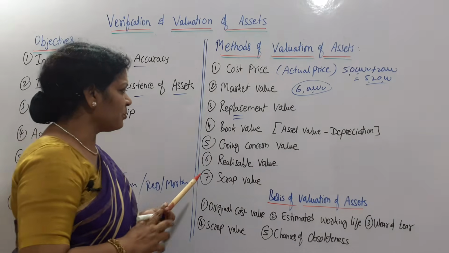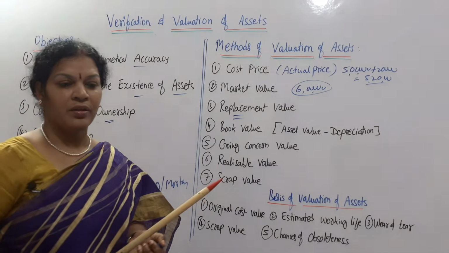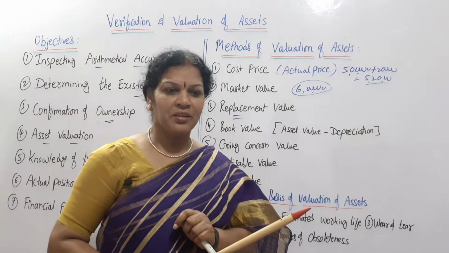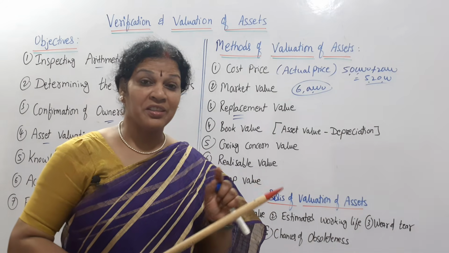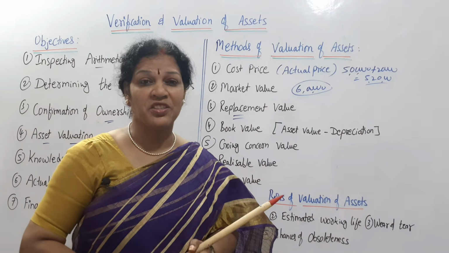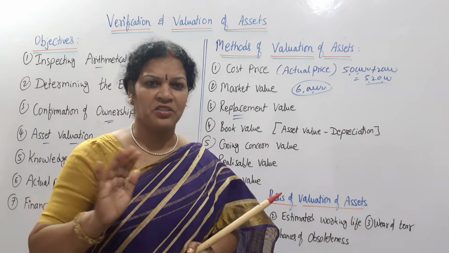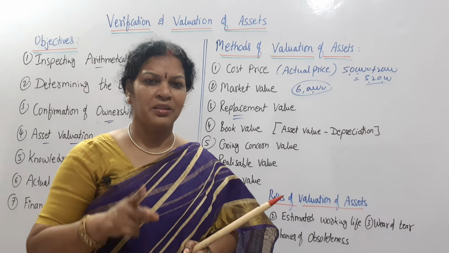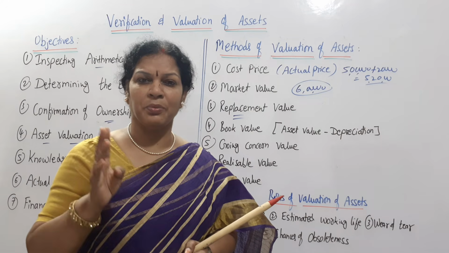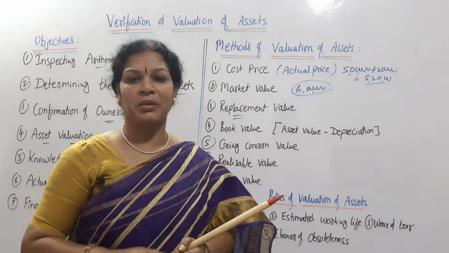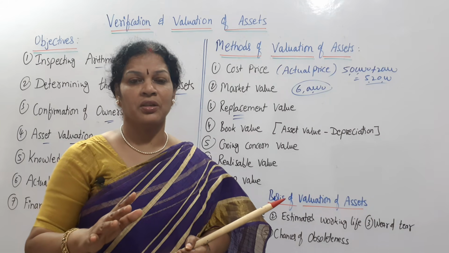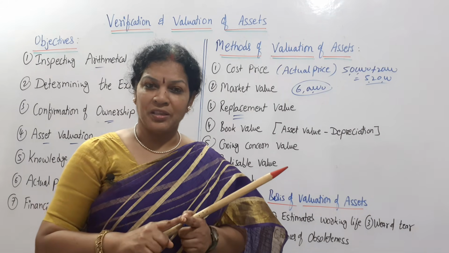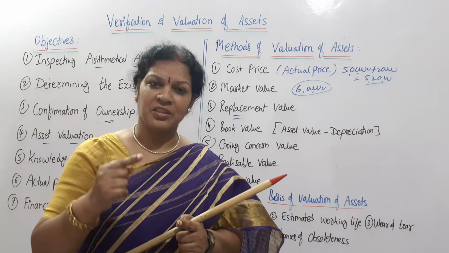And the next one is book value. Book value means, you know that whenever we purchase any asset, every year we provide some depreciation. In the depreciation chapter we learned different depreciation methods: straight line method, diminishing balance method, annuity method, depreciation fund or sinking fund method. These are the general methods we use. When we purchase any asset, we calculate depreciation.